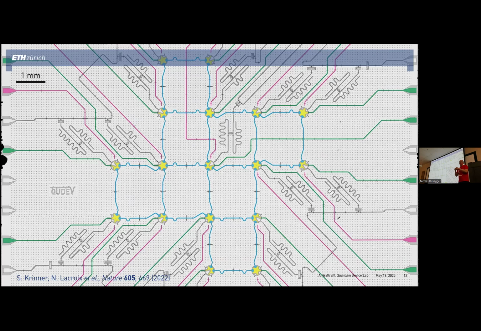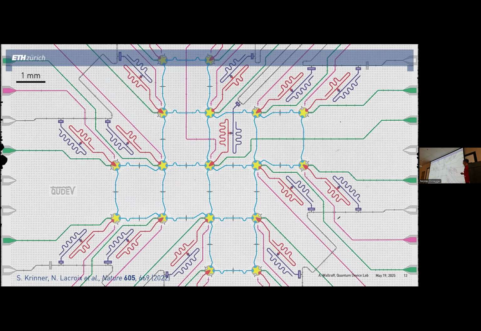You don't really make use of the fact that the coplanar waveguide here is a microwave frequency resonator. And you see that qubits that are connected through these blue coplanar waveguides can interact with each other. You can have a two-qubit gate that acts between these neighboring qubits.